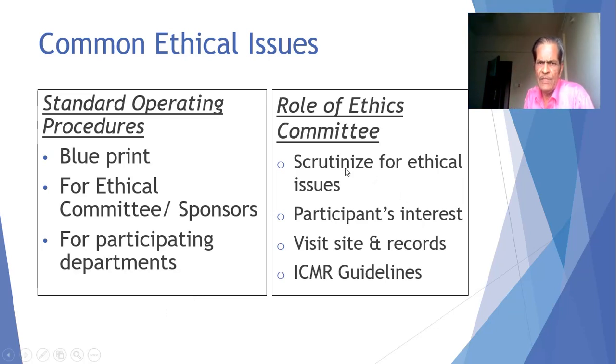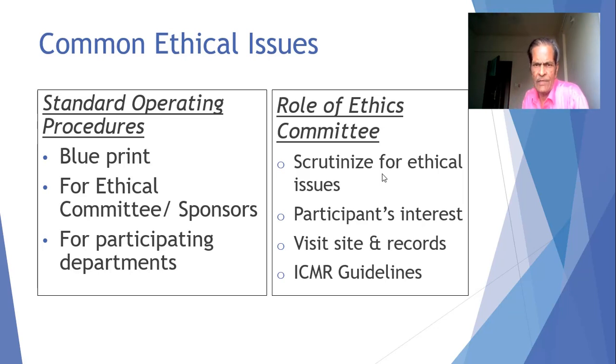Now the role of the ethics committee, especially in clinical trials. They scrutinize the proposal of the trial for any ethical issues at the start. They may totally refuse, or request some modifications, or they may accept as it is. So these are the three possibilities.